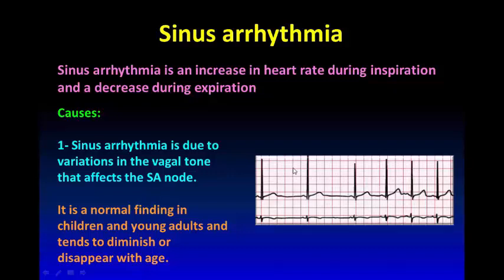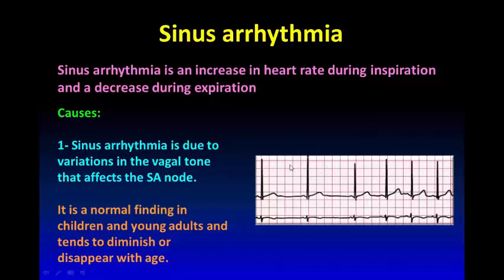And here we have an ECG strip which shows respiratory sinus arrhythmia. So now this is the heart rate during expiration, and this is the heart rate during inspiration. We can again calculate the heart rate by dividing 300 by the number of large squares between two successive R waves.